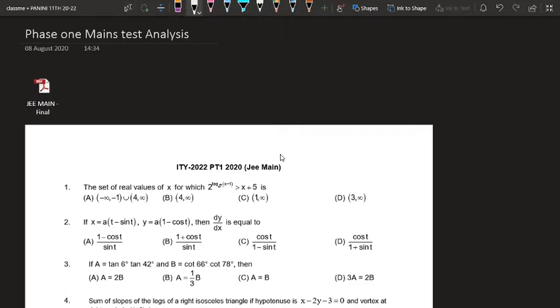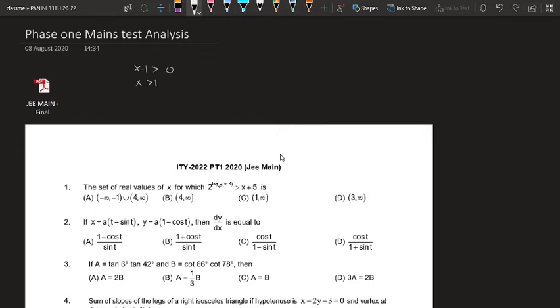So problem number 1, based on inequality: the set of real values of x for which this holds. From the problem, x minus 1 should be greater than 0, since log is defined for positive values, that is x is greater than 1.